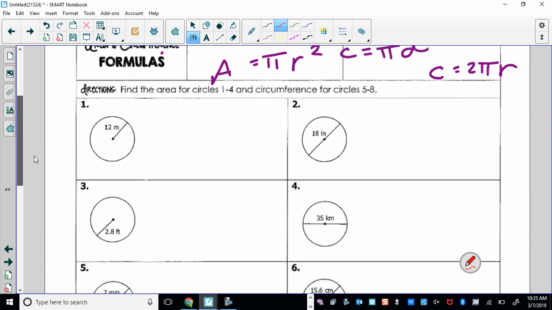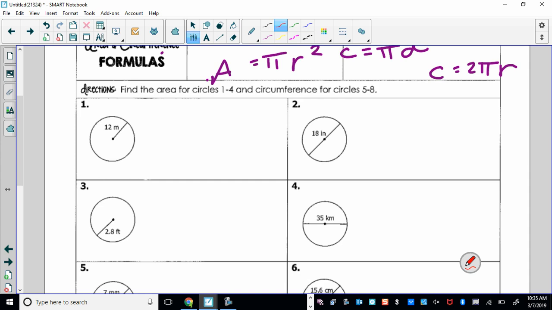In this case, part A says find the area of a circle for numbers 1 to 4, and then circumference from 5 to 8. So area of the circle is for number 1. I'll just do 2 problems here, and then do 2 problems for 5 and 8, and then you guys can continue.